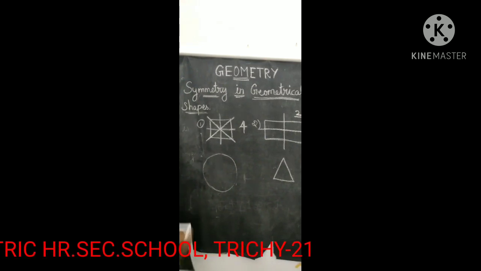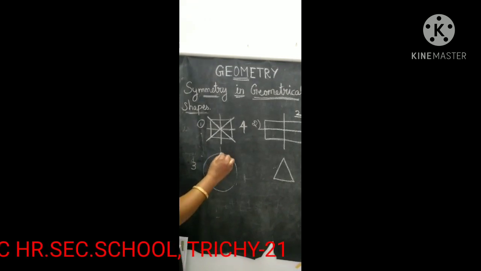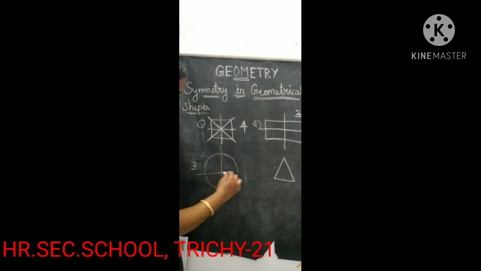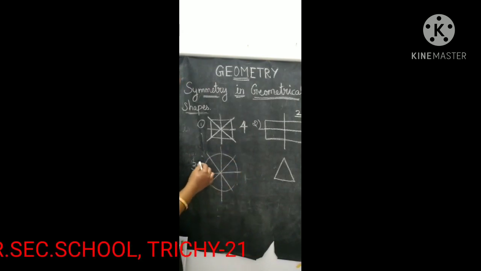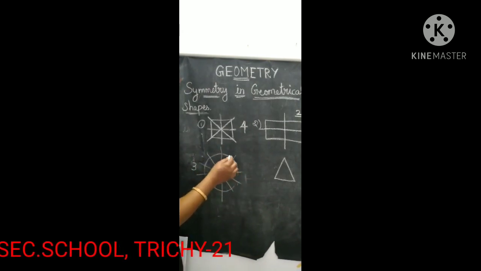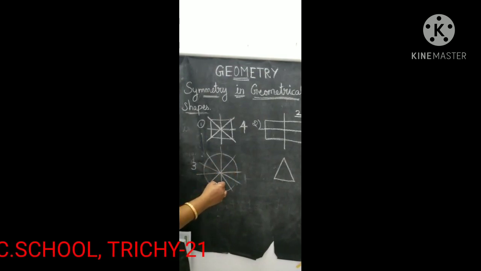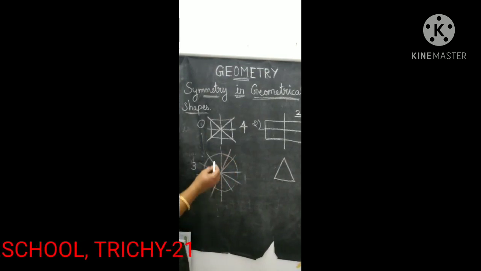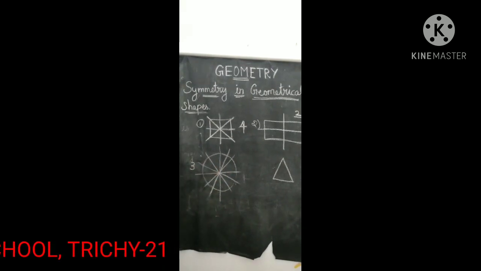Next one, the circle. Let's see 1, 2, 3, 4, 5 and 6. See, there are a lot of lines of symmetry in a circle.